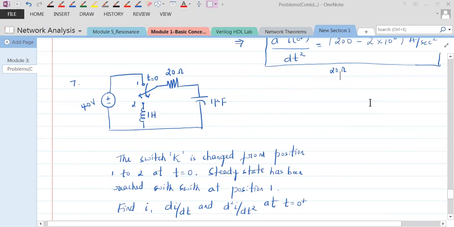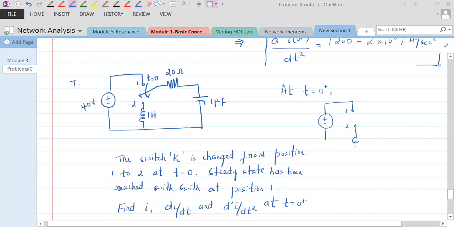Let's see how it looks like at t equal to 0 plus. Everybody look at this. Why are we doing this at t equal to 0 plus? We have to find out the first order and second order differentials. That's why we are considering this. So this is position 1. This is position 2.